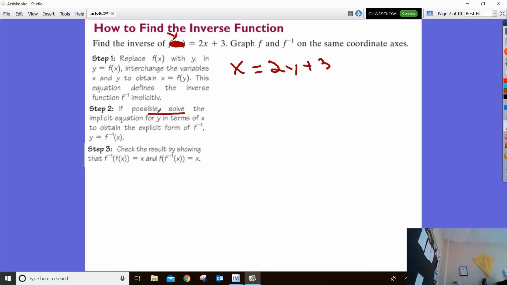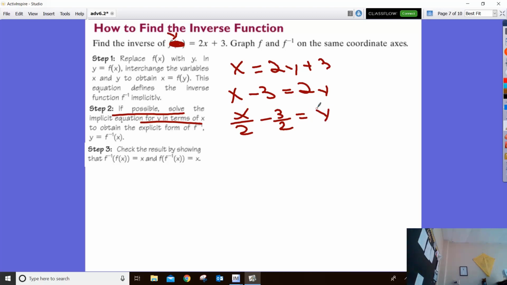If possible, solve for y. Is it possible to solve that thing for y? Yeah, of course it is. It's a two-step equation. Subtract 3 and do what? Divide by 2. X minus 3 equals twice y. X over 2 minus 3 halves is y.